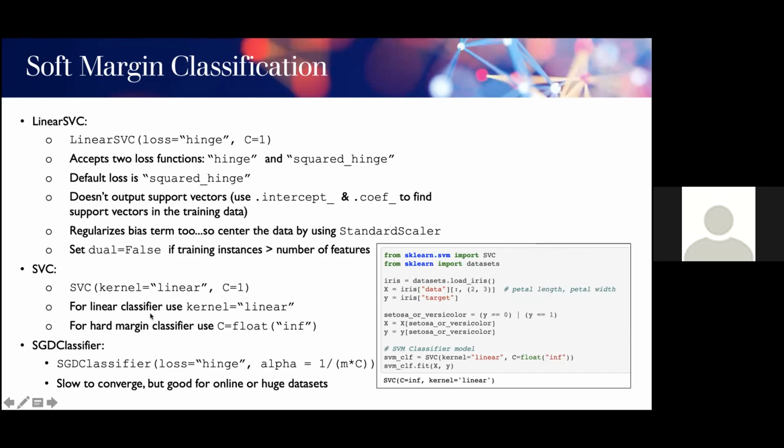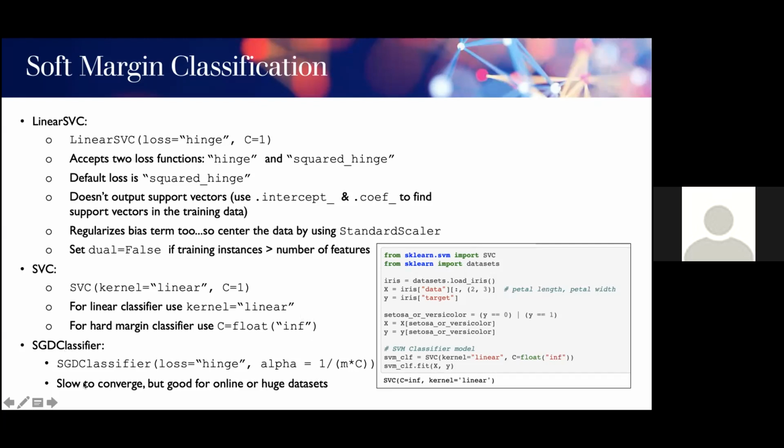The third estimator for SVMs is the SGD classifier. We have come across this before. You do need to specify loss as hinge. I'm not sure what the default loss is for SGD, but you do need to specify loss as hinge for support vector machines. Here, the convention is not to use C as your hyperparameter, but to use alpha, so you do need to invert it, with m being the number of training instances here.